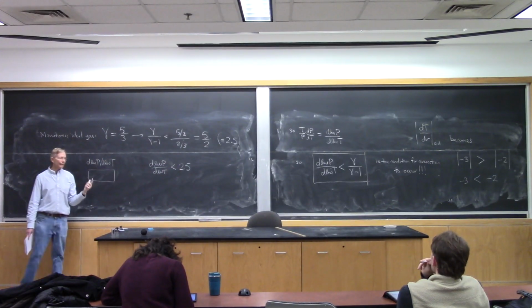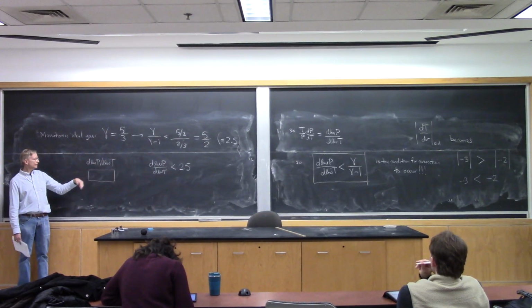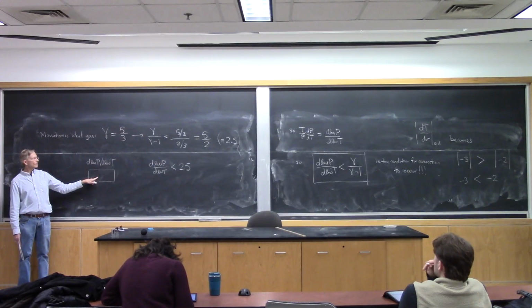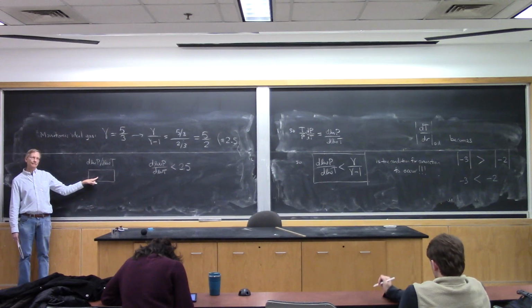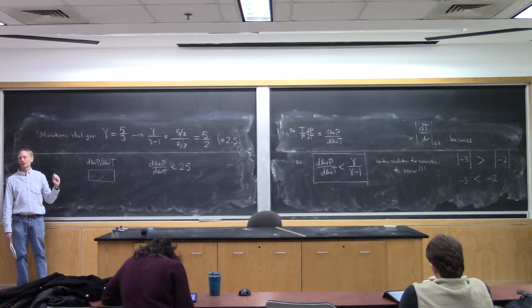So in that table, if they're less than 2.5, then it's convection, and you use equation 4b to calculate dT/dr. And if it's more than 2.5, it's radiative, and you use the other equation.